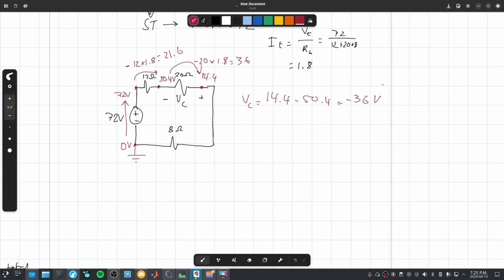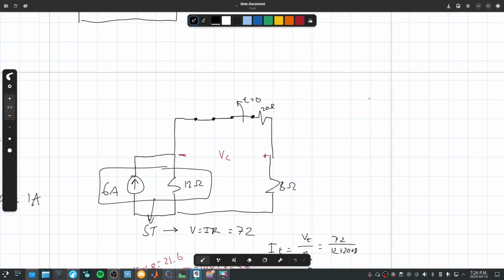So this is actually negative 36 volts. Let me just put that there. There you go. So our second voltage here is negative 36. So now voltage total, or voltage C total, is equal to voltage C1 plus voltage C2.